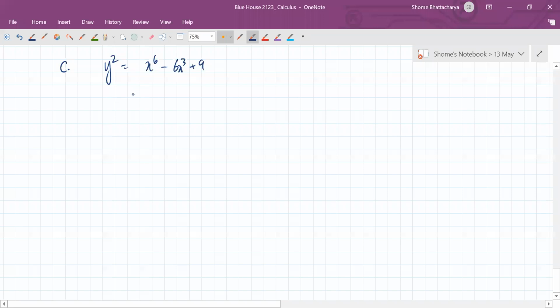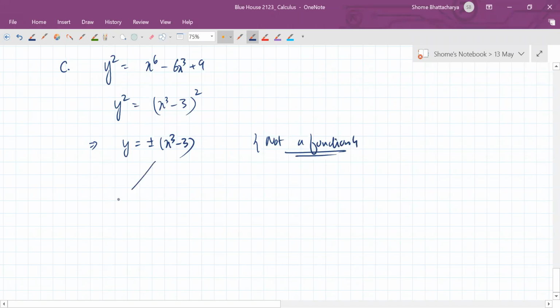So express it as a whole square first. It is x cube minus 3's whole square. So this basically means that y is equal to plus or minus of x cube minus 3. So that means it is first of all not a function. But out of this, we can generate two possible functions.